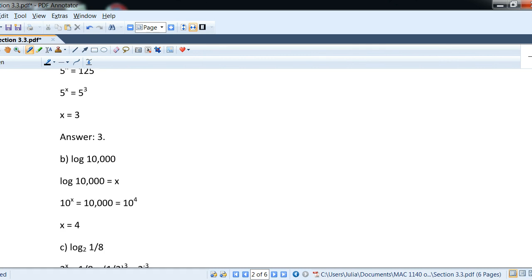What about something like log base 2 of 1/8? What if we have a fraction? 2 to which power is equal to 1 over 8? Well, if you recall that a to the negative power of x is 1 over a to the x, then we can simply figure out 2 to which power, or x, is equal to 1 over 8.